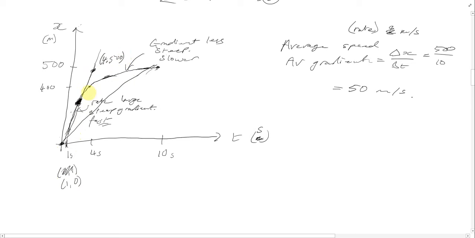So if we want to find the instantaneous speed at that point there, it would be 500 take away 0 over 4 take away 1, which is 500 over 3. And you could then solve that on your calculator also. And you would find that that's much higher than 50 meters per second. So, there we go, there's instantaneous rate and average rate for you.